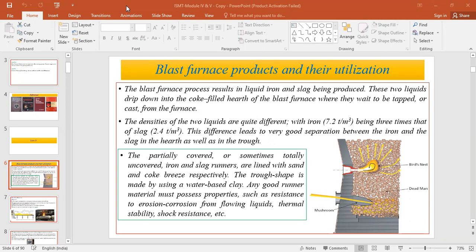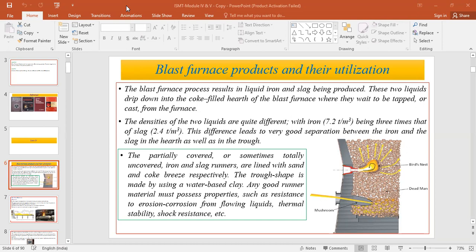And once these liquid products are formed in the blast furnace, as we discussed, slag has a low density compared to that of the hot metal. So the slag will float on the surface of the hot metal, and that is how the arrangement will be in the blast furnace.